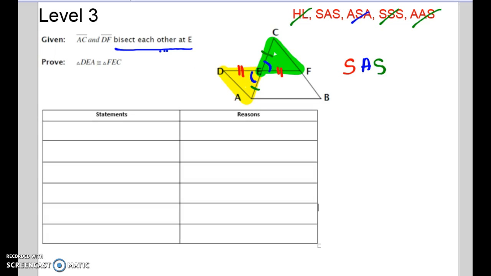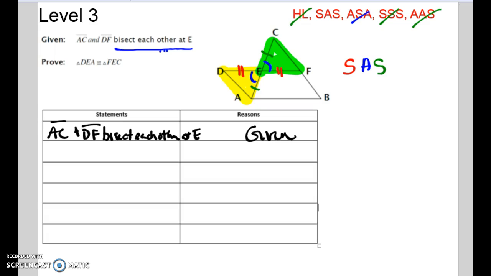First statement in my proof is going to be my given, and I'd like that to be in black. AC and DF bisect each other at E. My reason is it's given.